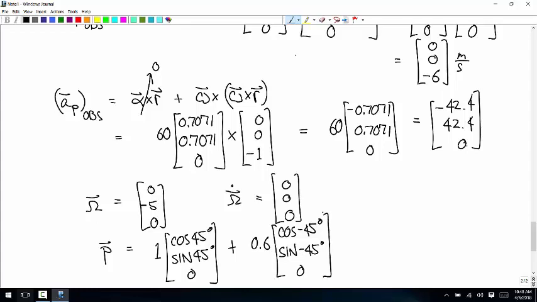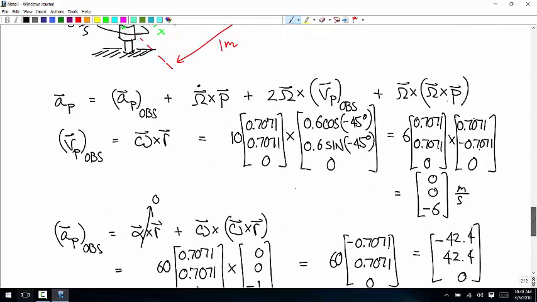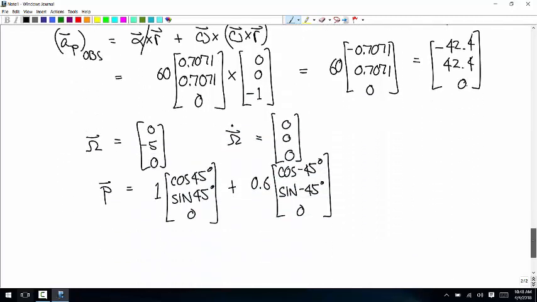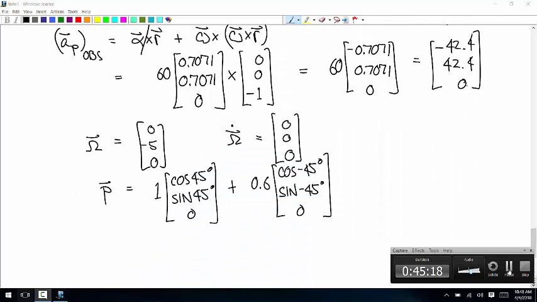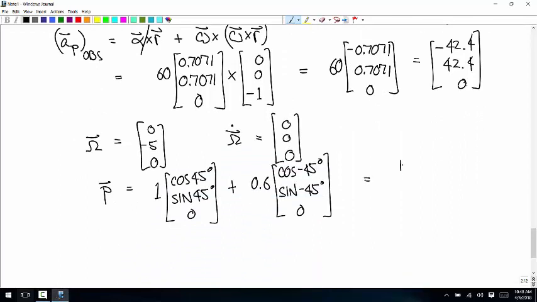Can someone calculate a number for that? 1.13, okay. 0.283. Okay. So there's the position vector.